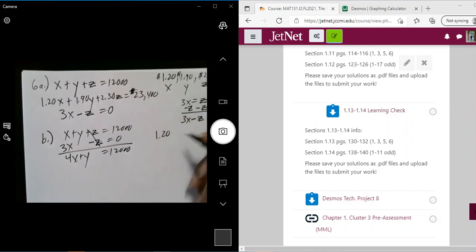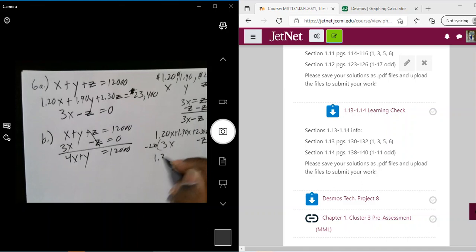All right, next, I would take the bottom equation with the second equation. So we have 1.20X plus 1.90Y plus 2.30Z is equal to 23,400. And then we'll have 3X minus Z equals 0. Now we need to get rid of the Z. So we'll multiply everything by negative 2.30.